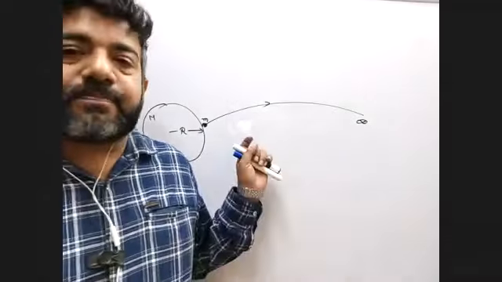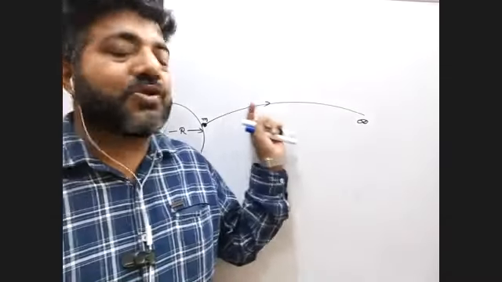Is it clear? And the velocity required for that is called the escape velocity. The minimum velocity required to project a particle from the Earth's surface so that it moves beyond the Earth's gravitational field, meaning it never comes back, is it clear?